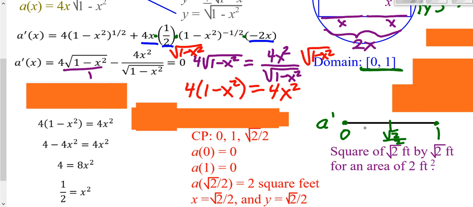Try a number in between each 0 region, plugging it into your derivative because that's what we have listed in front. And then see if it's positive or negative. And we were looking for a maximum, and you plug it in over here, you get a positive, you'd be going up. Plug it in over here, you'd be going down. So that's another way to know that you have a max right there at root 2 over 2.